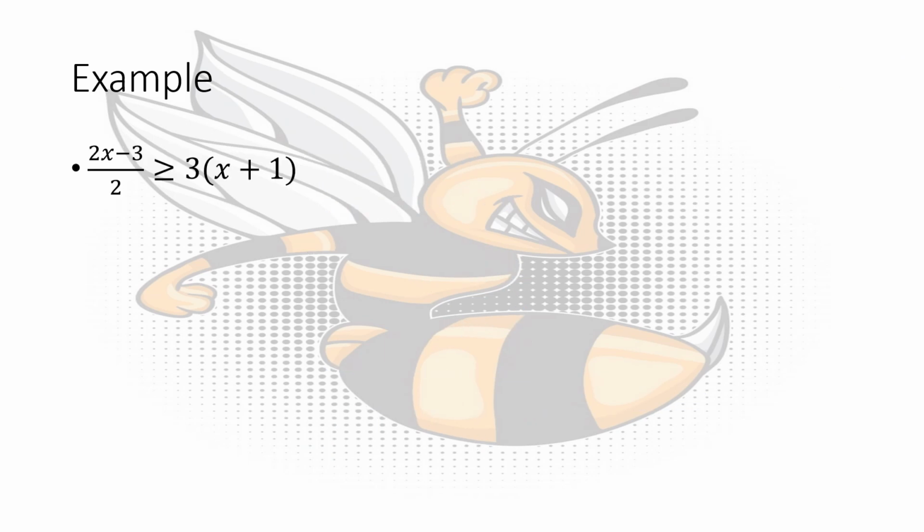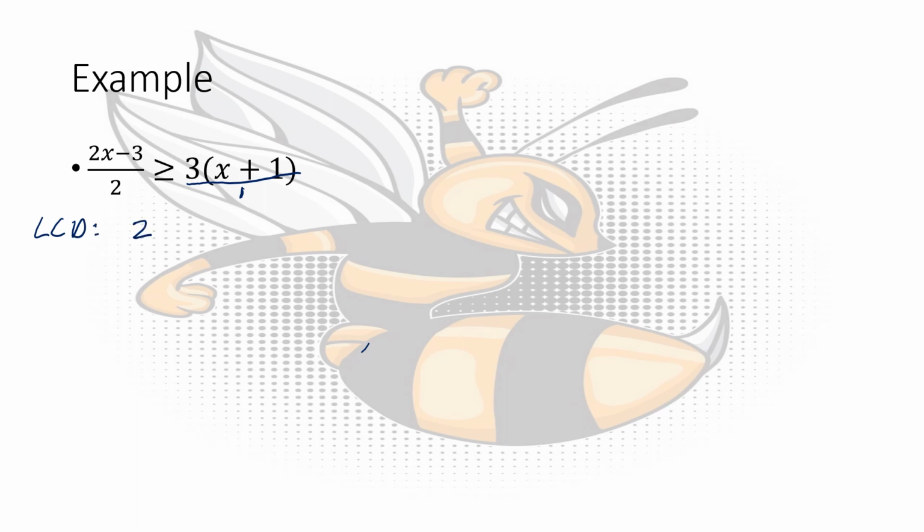Now we can get to a little bit more of a complex example. In this case we have fractions, so what we do is follow the same linear equation rules. We try to get the denominator the same on both sides. So we can put this 3x minus 1 over a 1. Our LCD in this case is going to be 2.